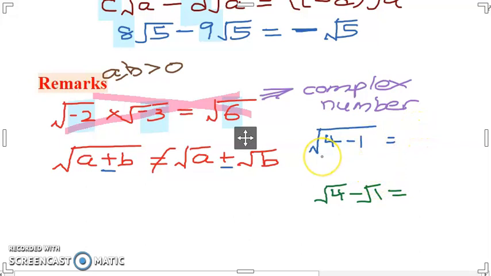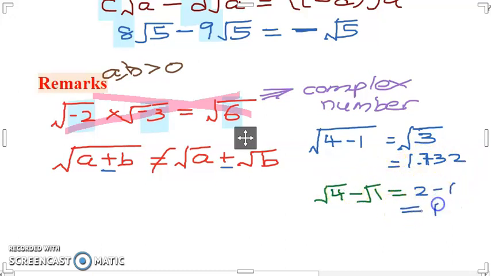Let's check if they are equal. The square root of 3 is approximately 1.732, whereas the other one is 2 minus 1, and the answer is 1. Once again, the values are not the same.